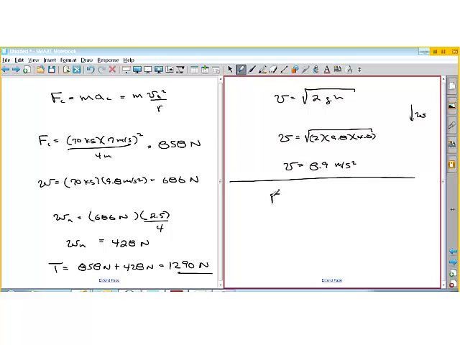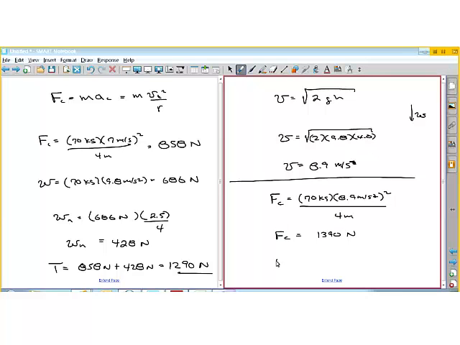So the centripetal force is equal to the mass, which is 70 kilograms, times the velocity, which is now 8.9 meters per second, squared. Again, the radius is still 4 meters, so it's going to be greater. 70 times 8.9 squared divided by 4 is 1,390 newtons.